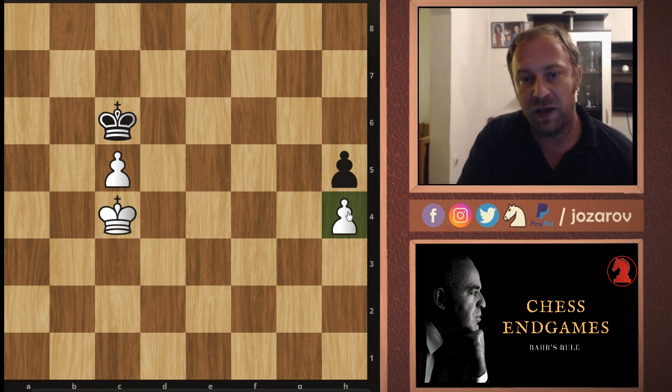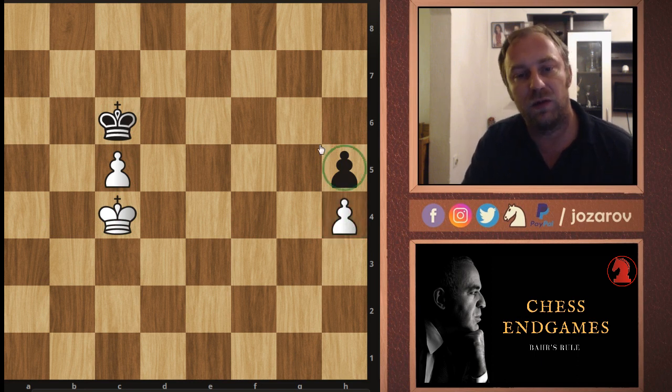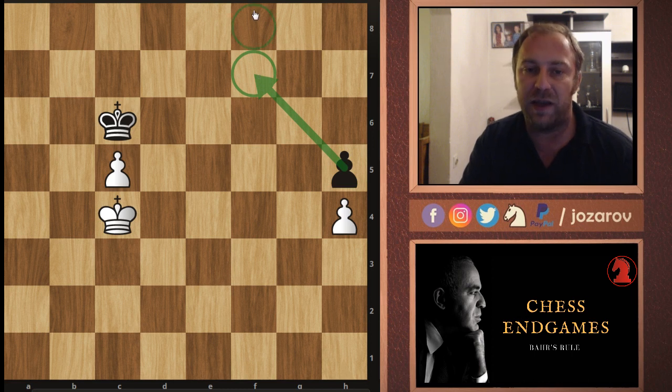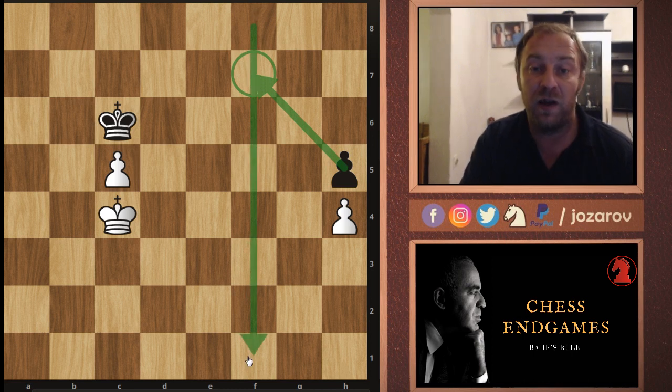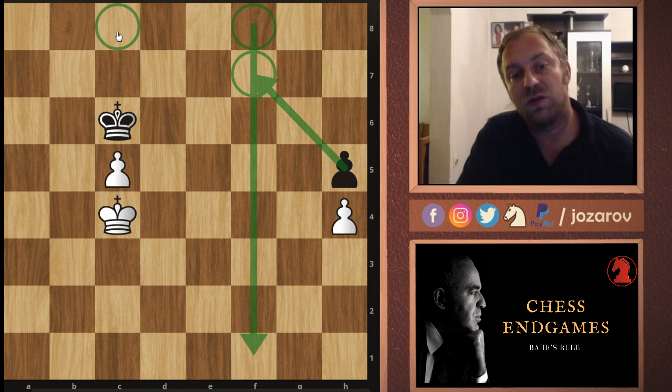The other thing is that we draw the diagonal. Bahr's rule says we place the diagonal to the file where the bishops are. For instance, the bishops are in the beginning of the chess game on the f file and on the c file. We are the defender now.